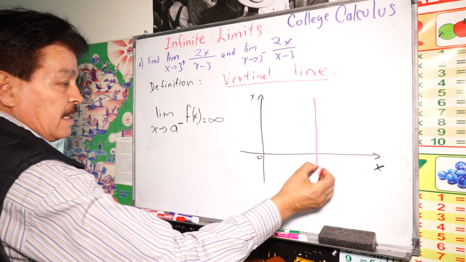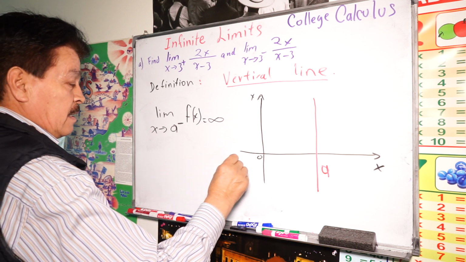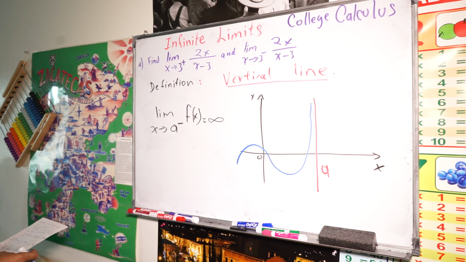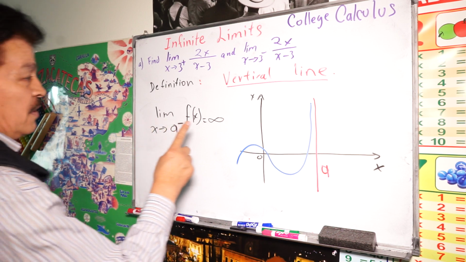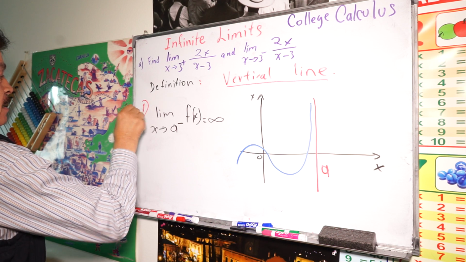This is a. That's the vertical line, and then the graph looks like this. So the graph is like that. So this is one definition. This is number 1.